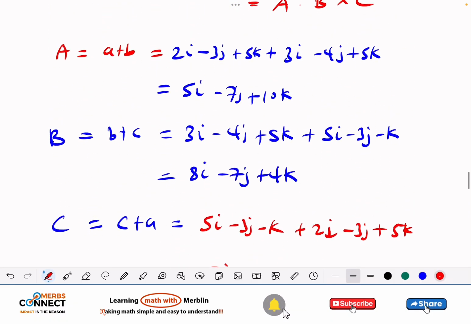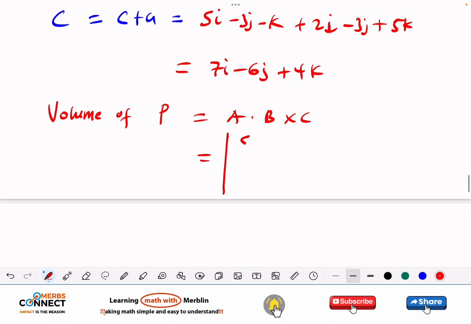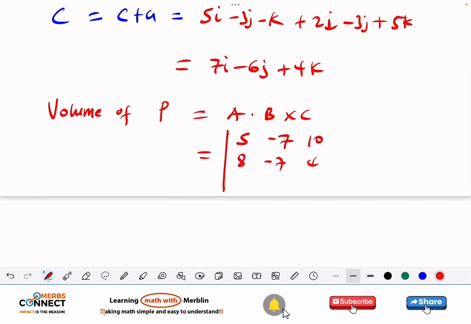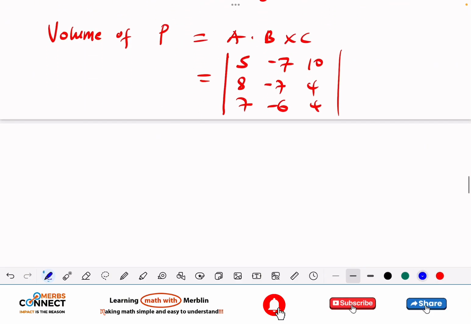So A is 5, minus 7, 10. B is 8, minus 7, 4. And C is 7, minus 6, 4. So this is what you are going to get. So what we just need to do is find it, and then we are done. So let's check it out.